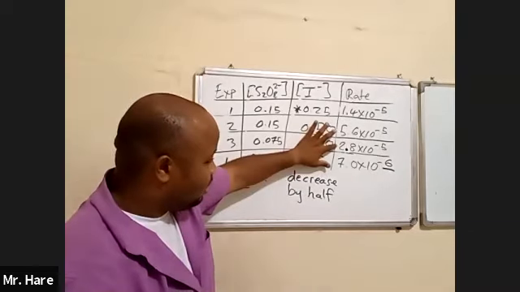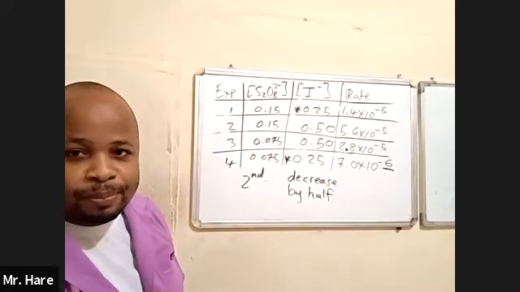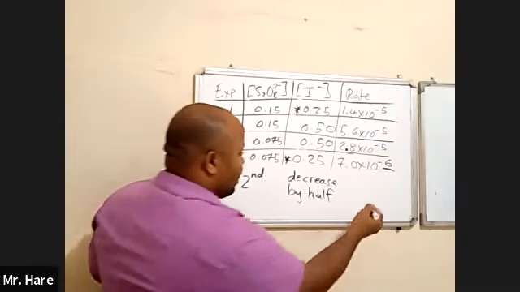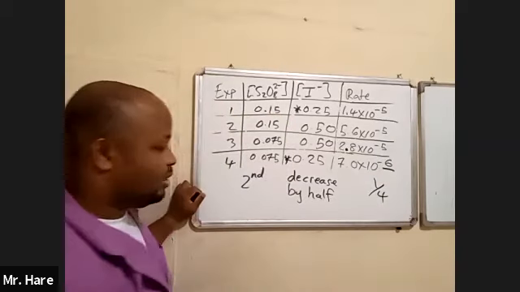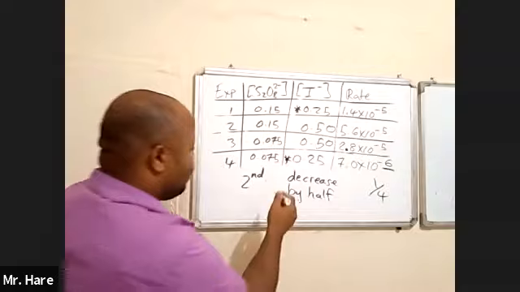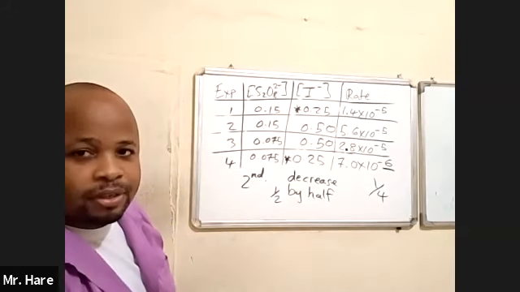For this one, how much it decreased by, that is what you need to know. It decreased by 1/4, right? So you drop the concentration by a half, and the rate basically decreased by a factor of 4.